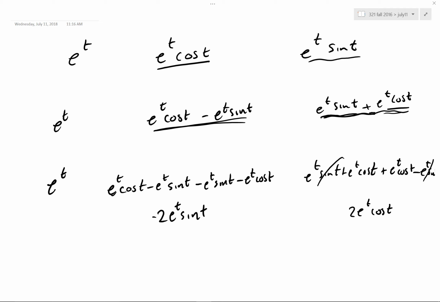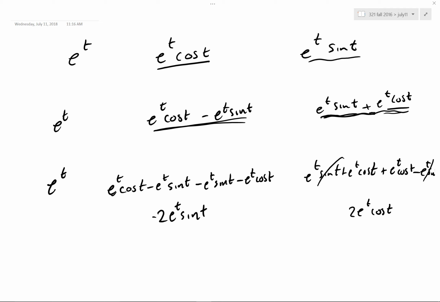Let's do this guy here. So it's 2 e to the 2t cosine t minus e to the 2t sine t minus e to the 2t cosine t minus e to the t cosine t.